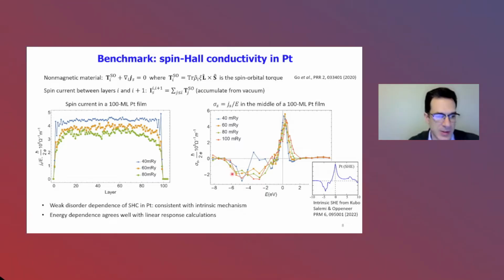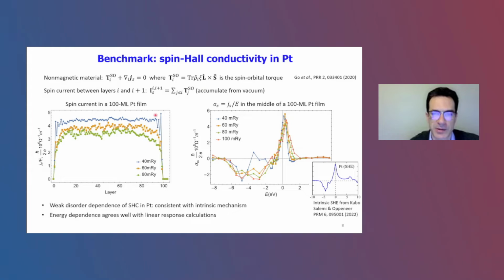So what this tells us is that the spin transport in platinum is consistent with the intrinsic mechanism. So essentially no disorder dependence, and agrees with the Berry phase calculation. But note that this is a very different kind of calculation.